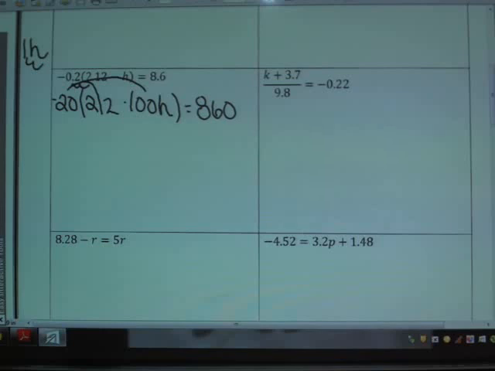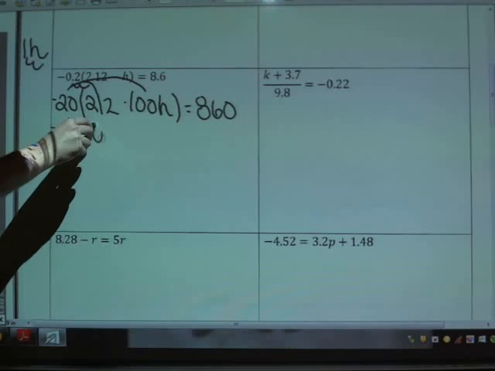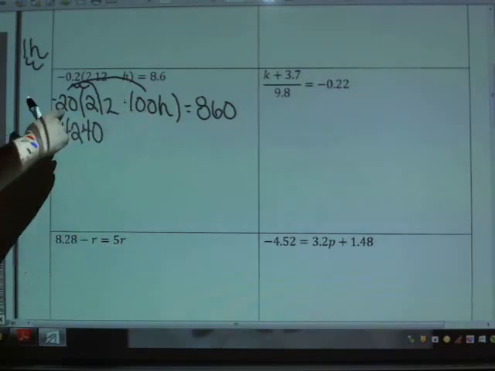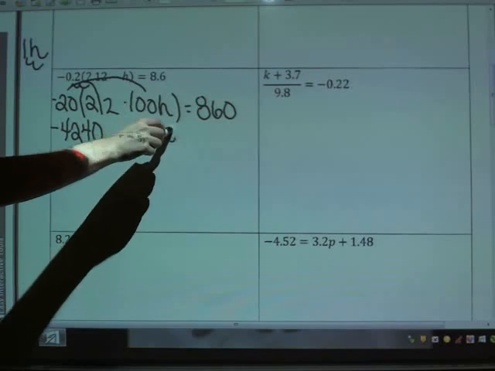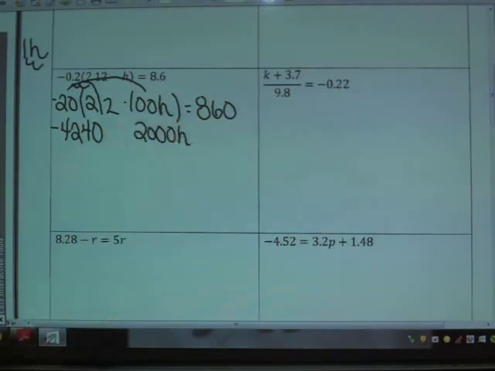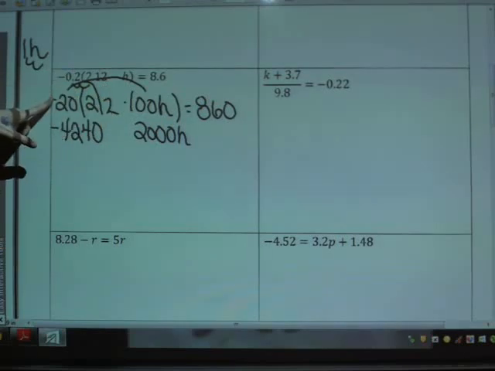So I've got 212 times 20 there. That's negative 4240. And here I've got the 100 times the 20, which is, of course, 2,000 with the h.